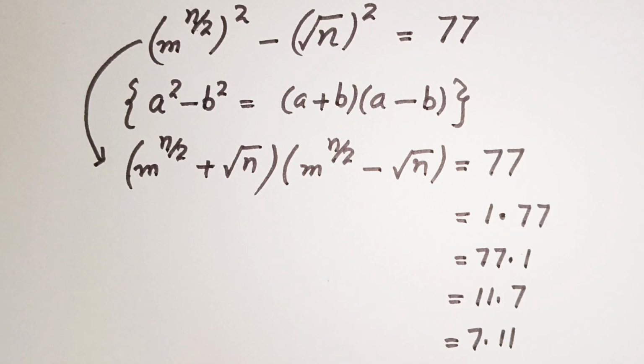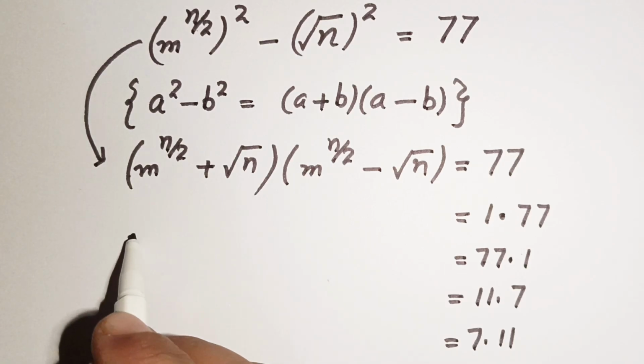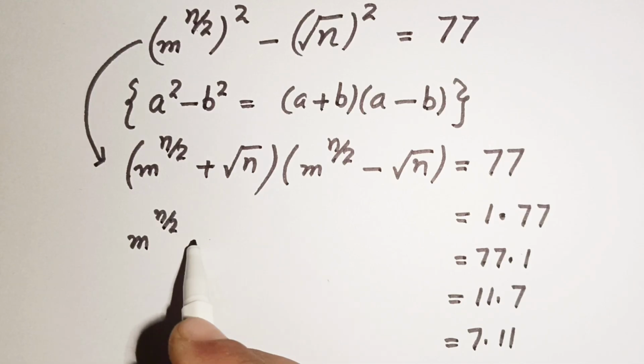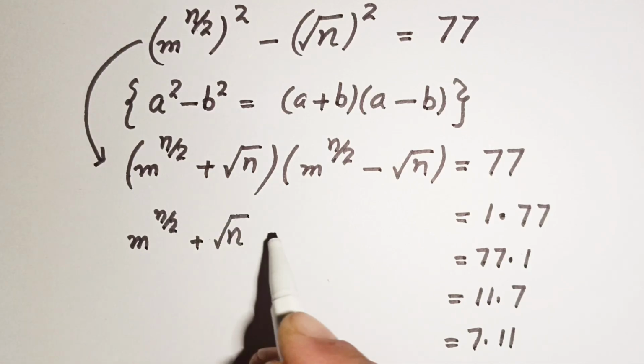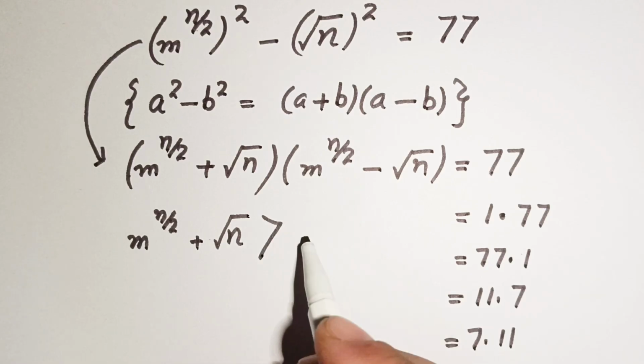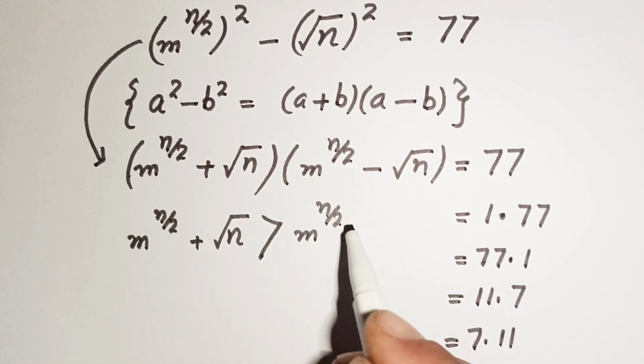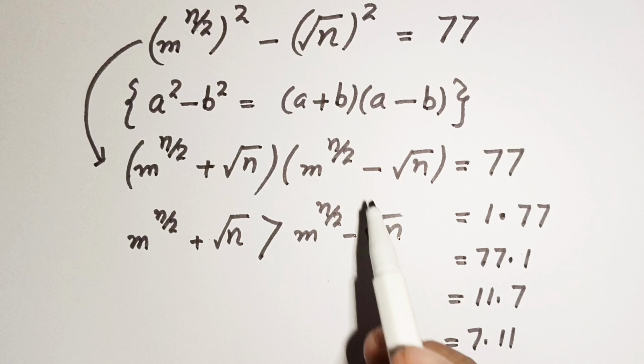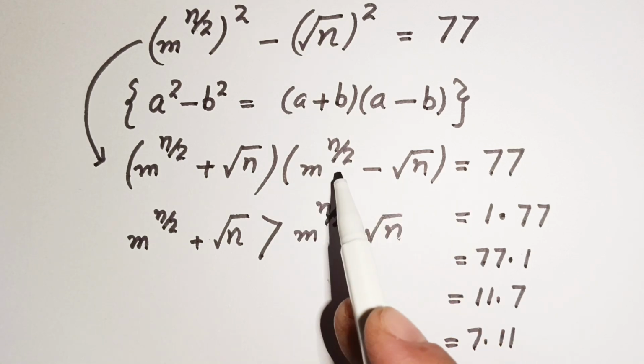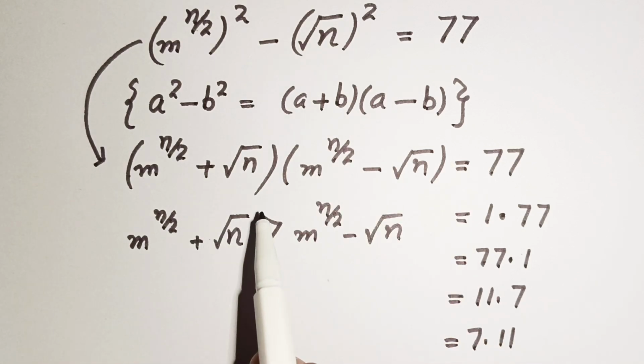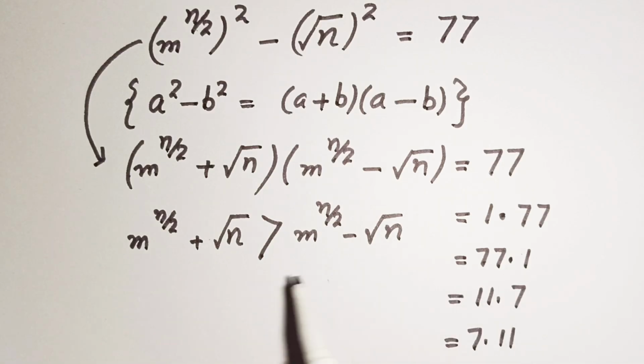But we have to take those factors in which m to the power n over 2 plus square root of n will be greater than m to the power n over 2 minus square root of n. So we always take those factors in which the first one is greater and the other one is smaller.